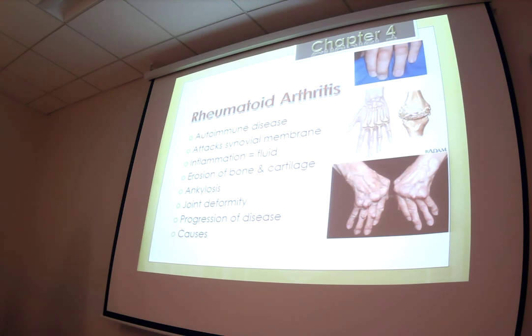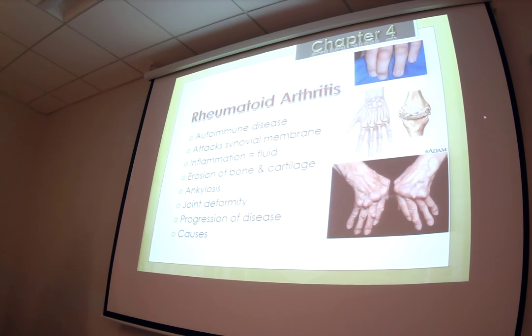And then it can lead into ankylosis, which is essentially a fusion of the two bones in that joint space. So if we're looking at the fingers, in this instance the hands, it actually fuses the digits together.